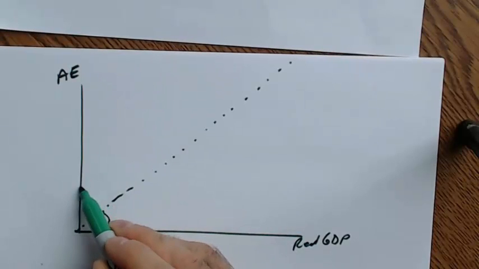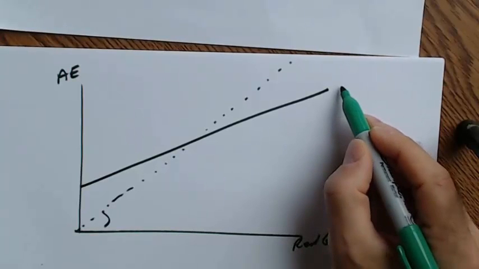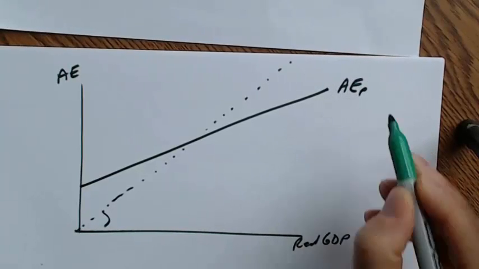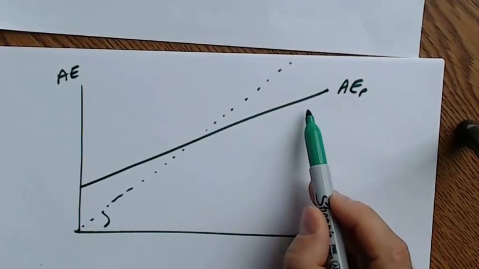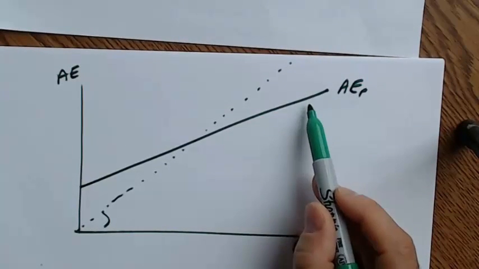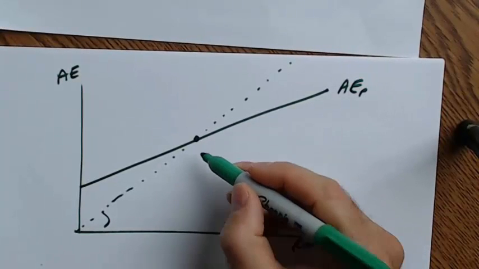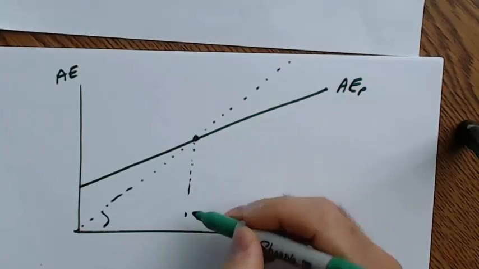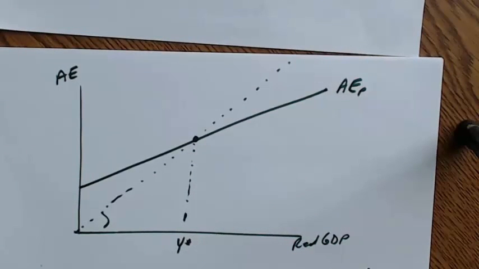And we're going to have our planned aggregate expenditures line, which is consumption and planned investment spending, and we're going to have an equilibrium right here, and we'll call that Y star. There's our equilibrium.